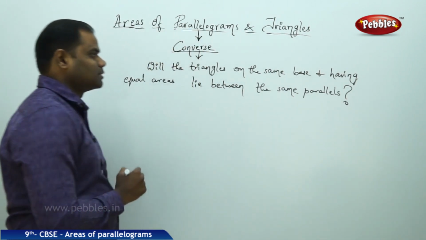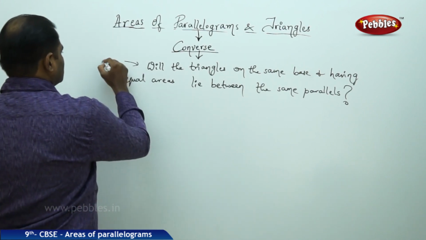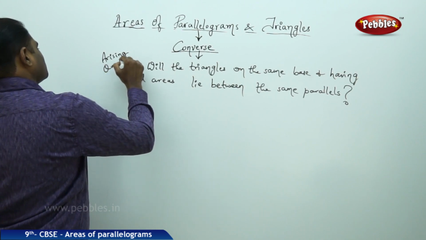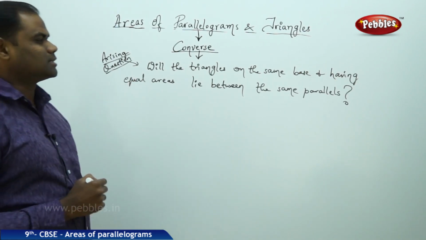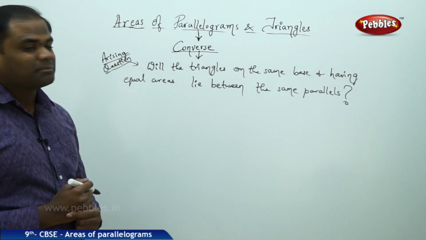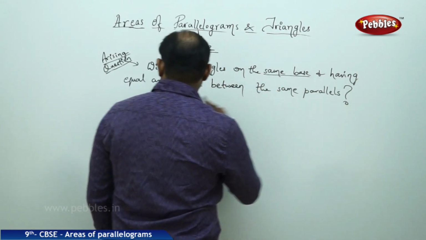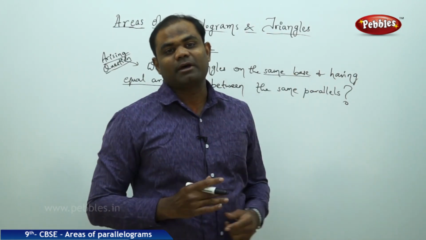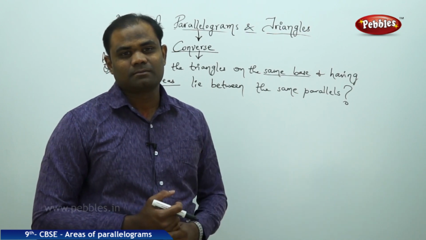That is the biggest question I have here. So with the condition that they lie on the same base and they have equal areas, will the two triangles be between parallel lines? This is what we are going to investigate in the process.